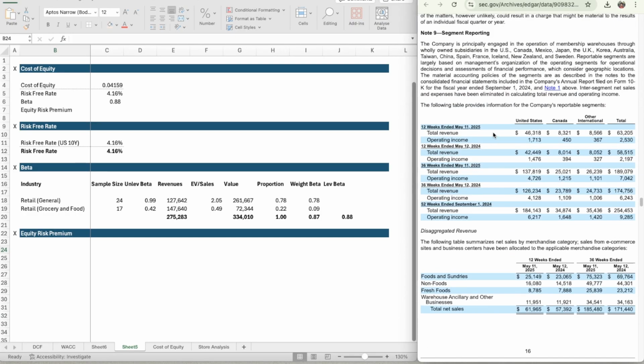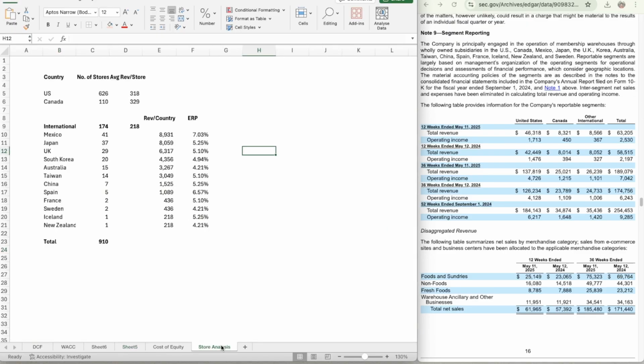It shows the figures for the United States, for Canada, then it groups the rest of the world into one. But what we can do, and I did this a bit earlier, is I found out how many stores Costco has globally, and that's 910.